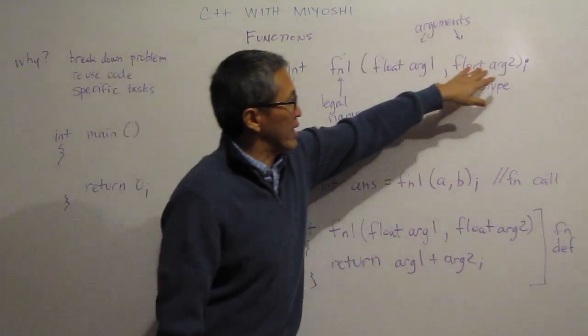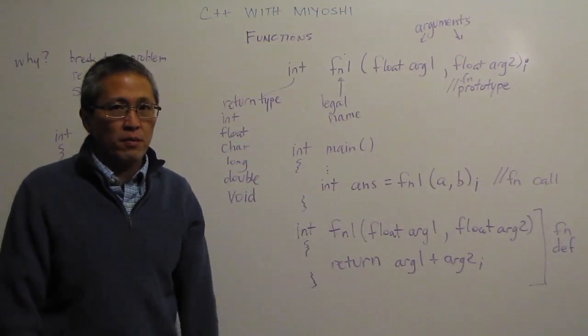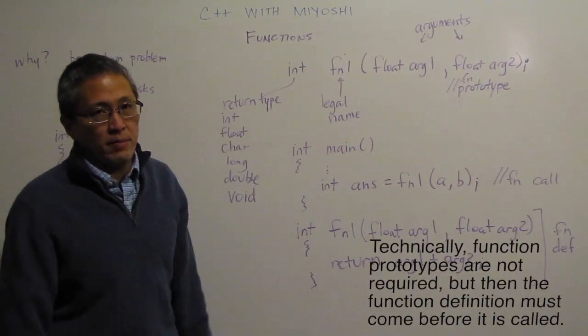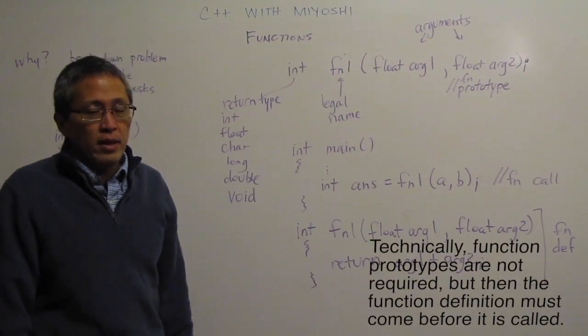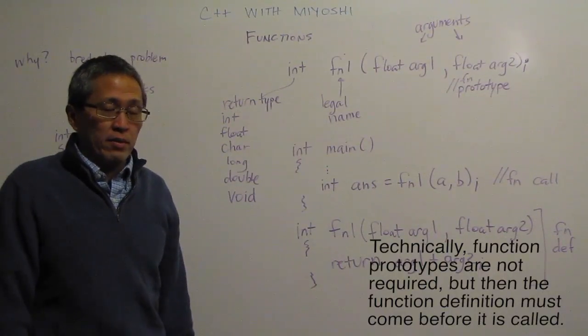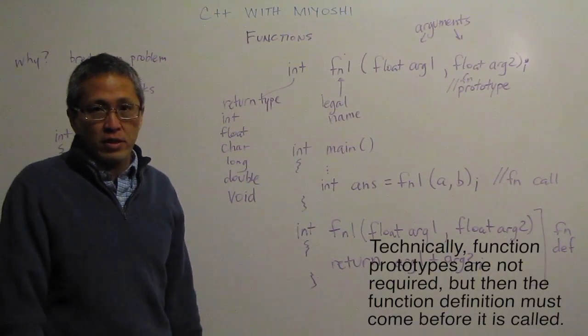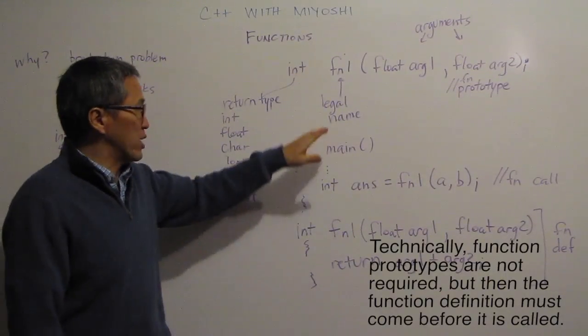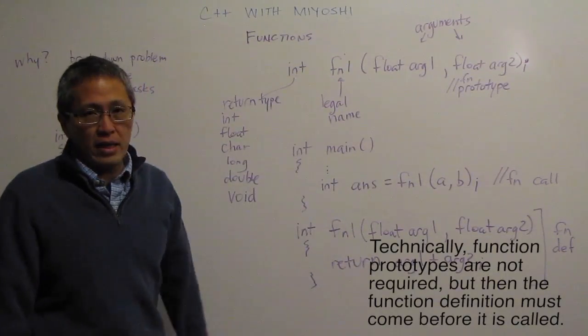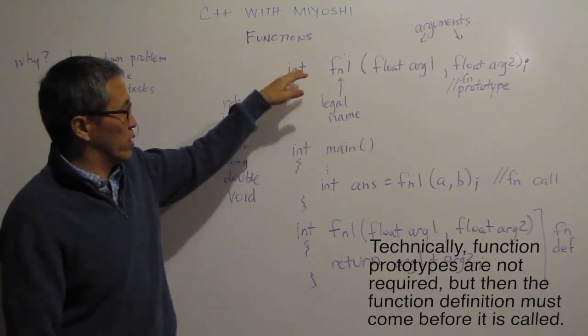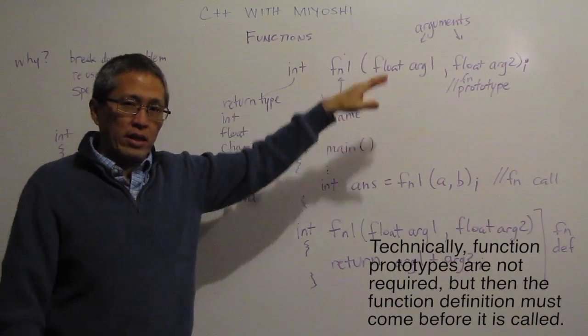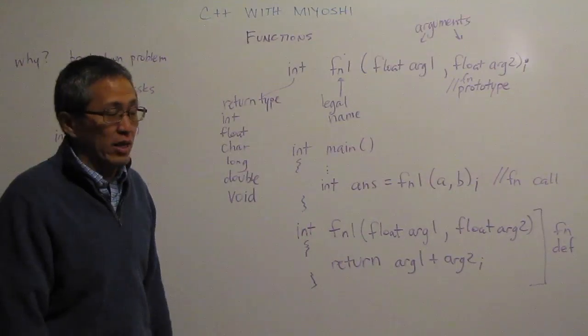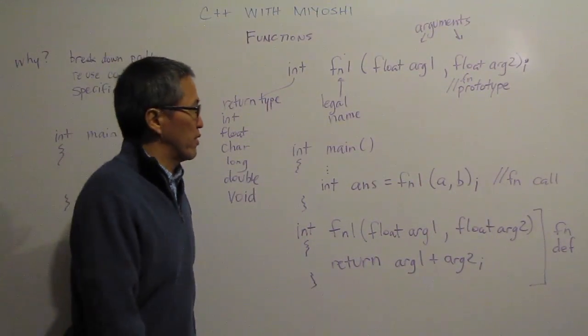But that with the semicolon, that's called the prototype. A prototype is very similar to declaring a variable in a function, in your main, for instance. But what it's doing is it's just saying, hey compiler, I might use this down in other functions, so make sure you know what it is, understand that I am going to define it later. So it's kind of like declaring a function, if you will.